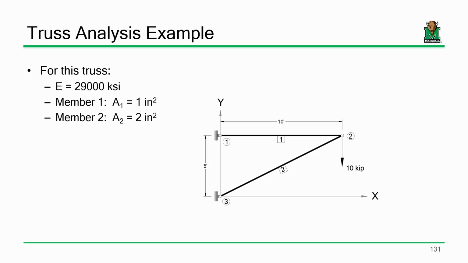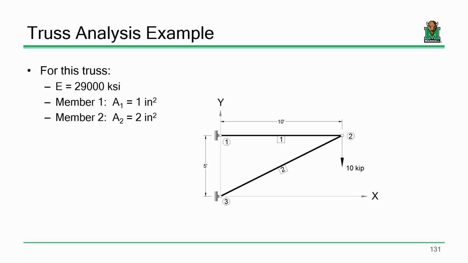How big is the whole system stiffness matrix for this problem going to be? It's not 3 by 3, because we don't have one displacement on each joint anymore. We're dealing with a truss. We have two, so it's 6 by 6. So the whole system is going to have a 6 by 6 stiffness matrix.